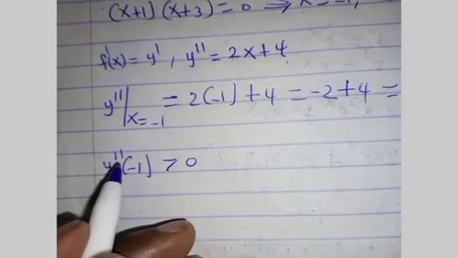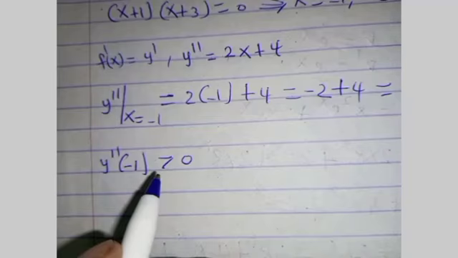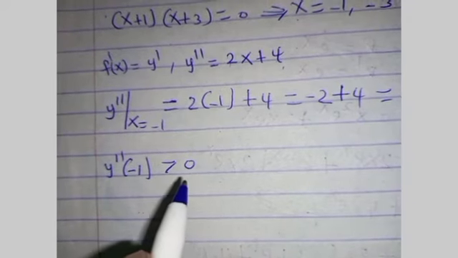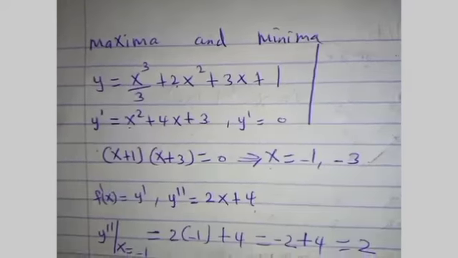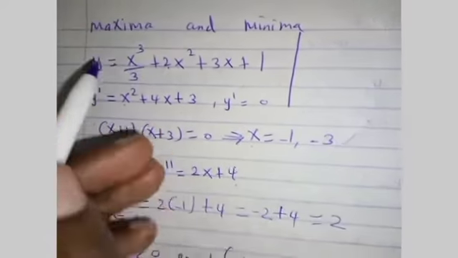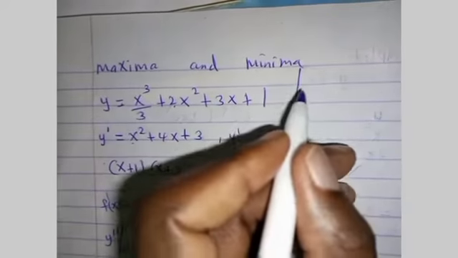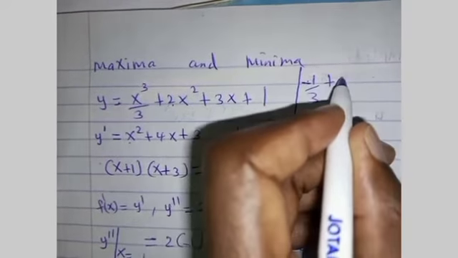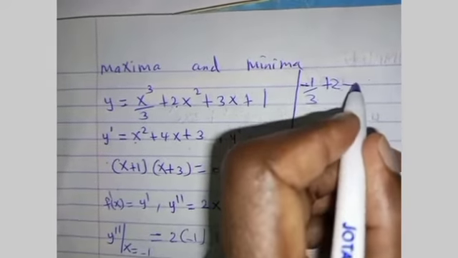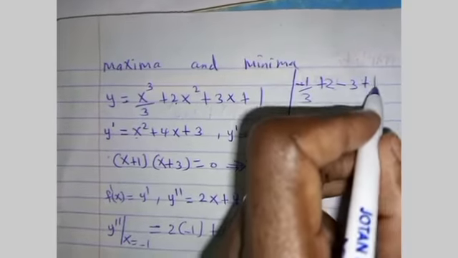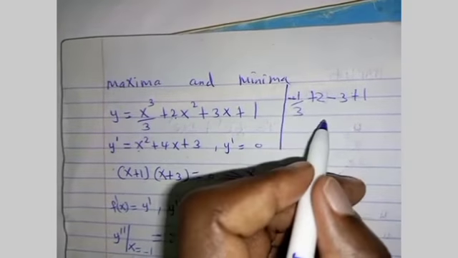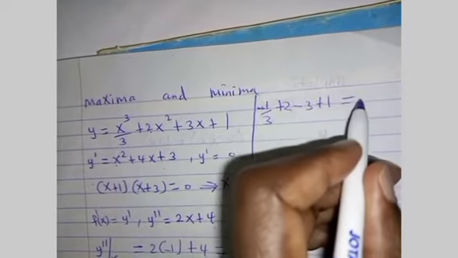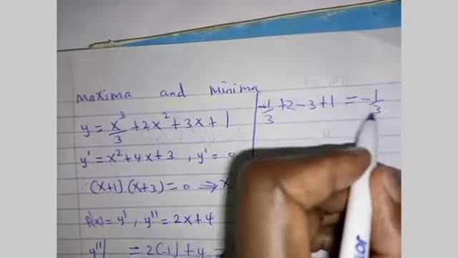Now, since this one is greater than 0, then it means that, so we get the value of y when x is equal to -1. So we are going to get negative one-third plus 2 minus 3 plus 1. So this is equal to negative one-third.